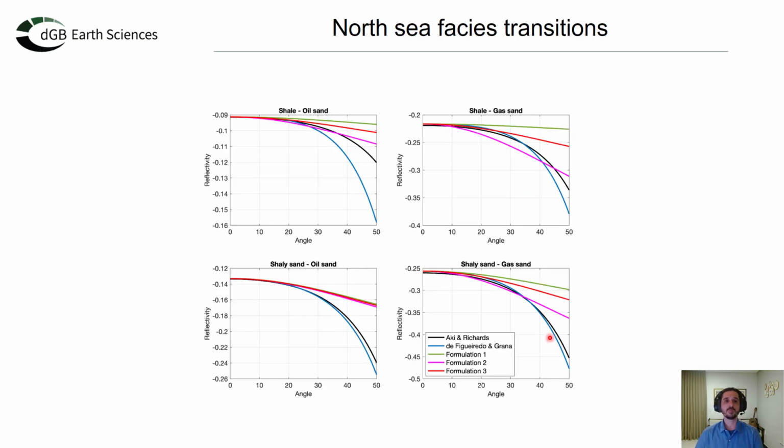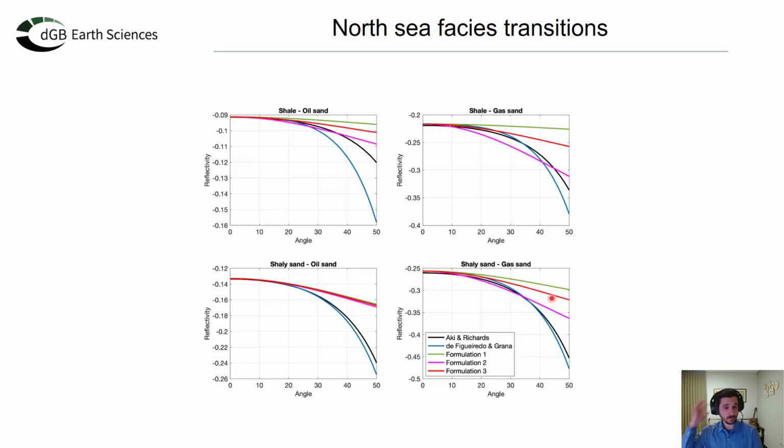And then we also apply the formulations to a North Sea reservoir. So again, 4 different facies transitions: shale to oil sand, shale to gas sand, shelly sand to oil sand, shelly sand to gas sand. And we can again see that the blue curve, which is our formulation, is better than the other ones.